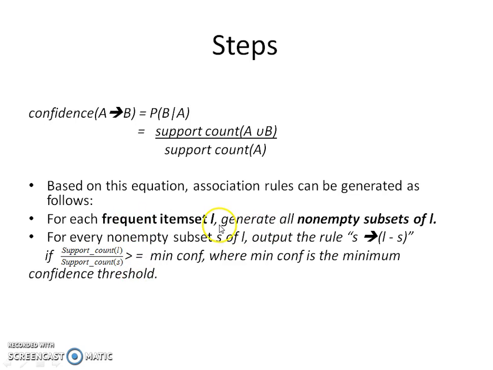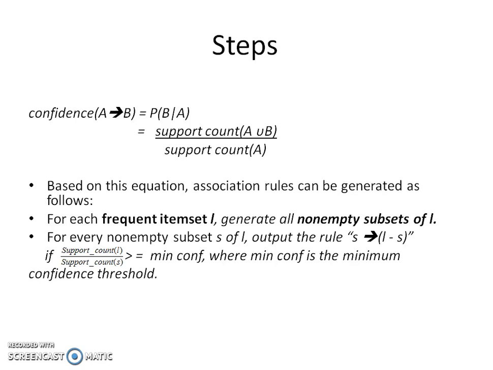For each frequent item set L, generate all non-empty subsets of L, and then for every non-empty subset S of L, output the rule S implies L minus S. Now this rule is generated, and we can either retain it or not. If we need to classify this rule as a strong association rule, then it has to satisfy the minimum confidence threshold, that is min conf.